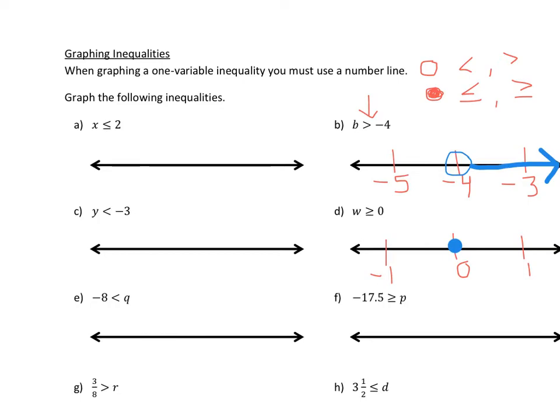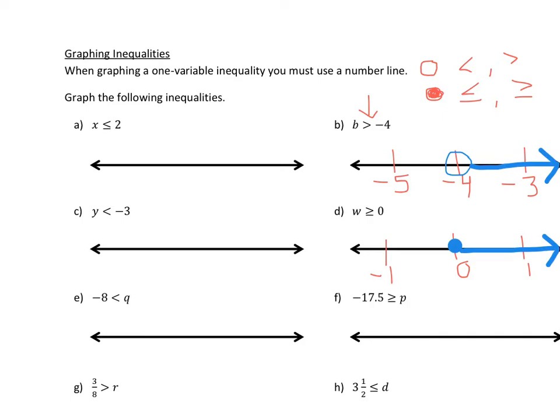And I want W values greater than 0. So my variable is bigger than 0, so again, I'm going to shade to the right. And make sure you're drawing your line and plotting your dots, your points, on the actual number line.